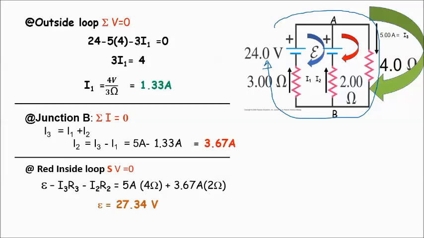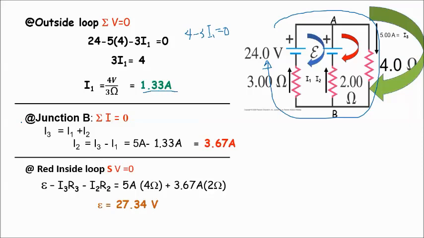Then equate that to 0. So 24 minus 20 is 4, minus 3I1, equal to 0. So I1 therefore is 4 over 3, which is equal to 1.33 amperes.